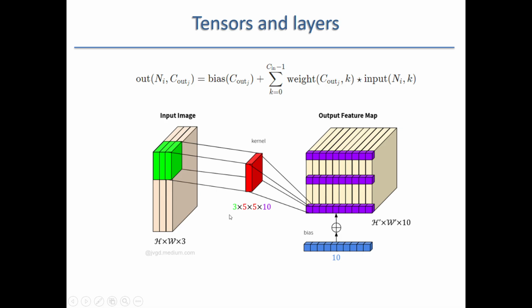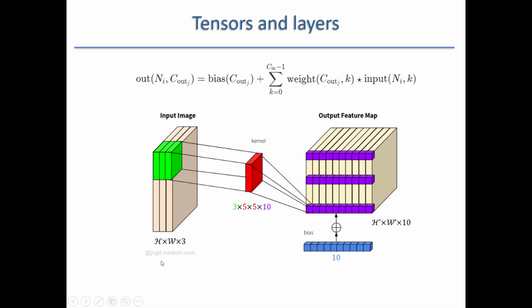Then your kernels and the operations that you do are also specified by tensors, and these tensors will have some sizes. And then the output will also be a tensor, with its own size.